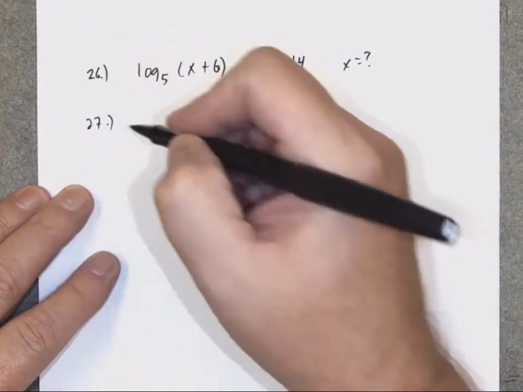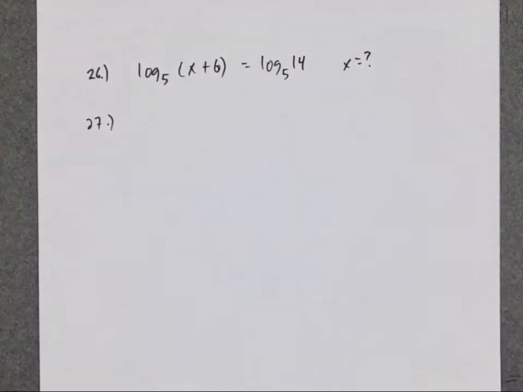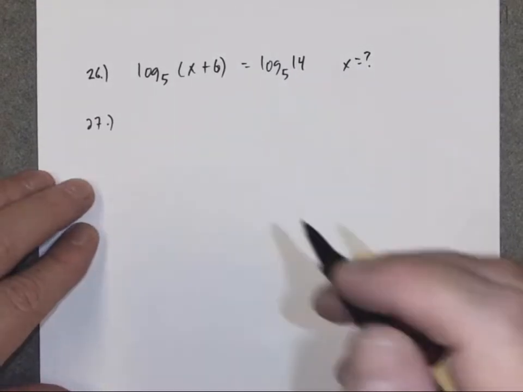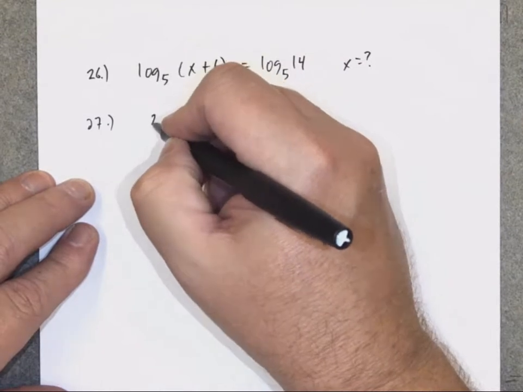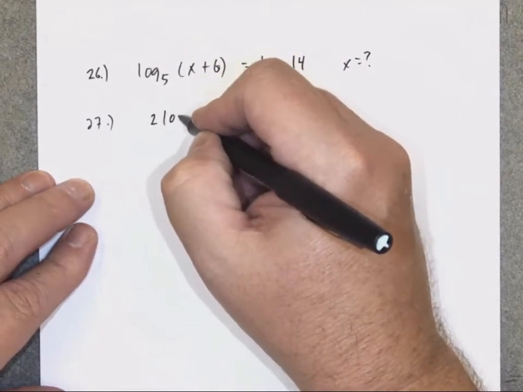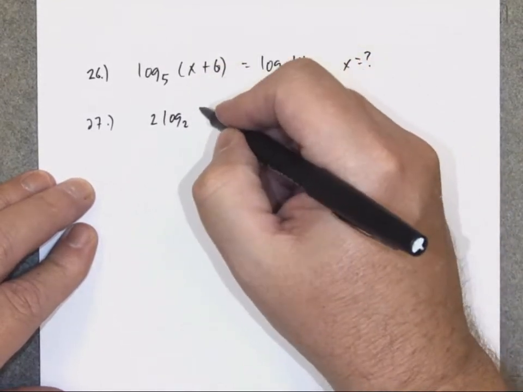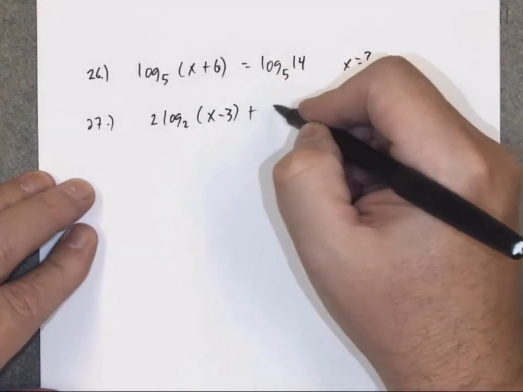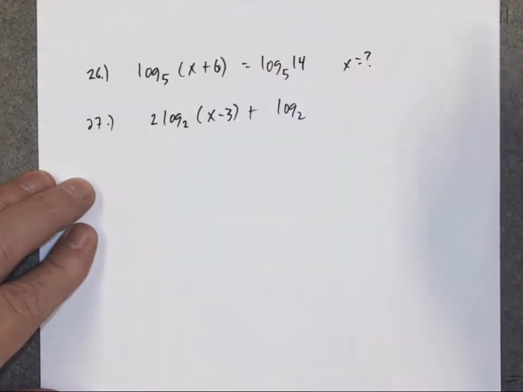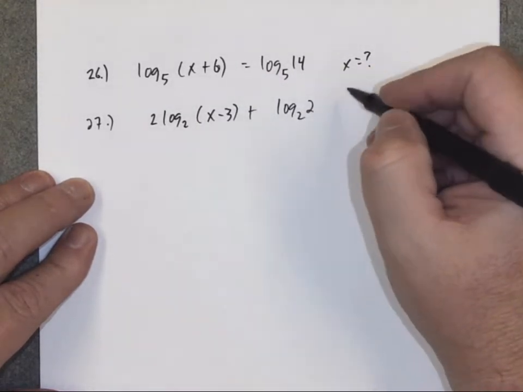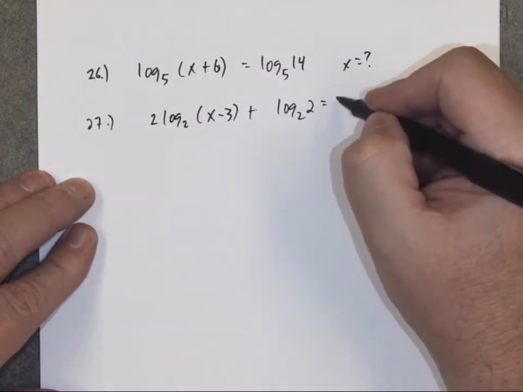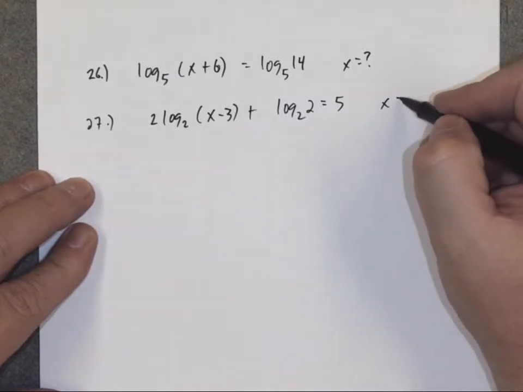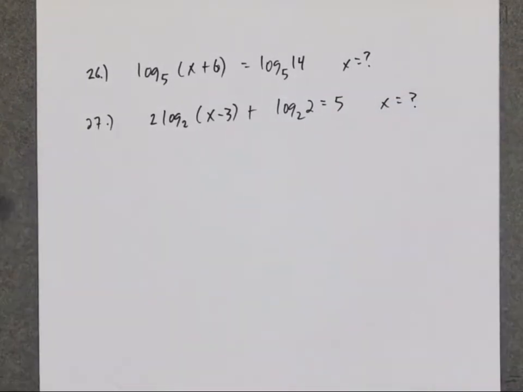Now let me write 27 down here, and let me talk about both of them as a way to help you understand how to solve these kinds of problems. 27 is another equation to solve. 2 times log base 2 of x minus 3 plus log base 2 of 2 equals 5. And once again, we're asked to solve this equation.